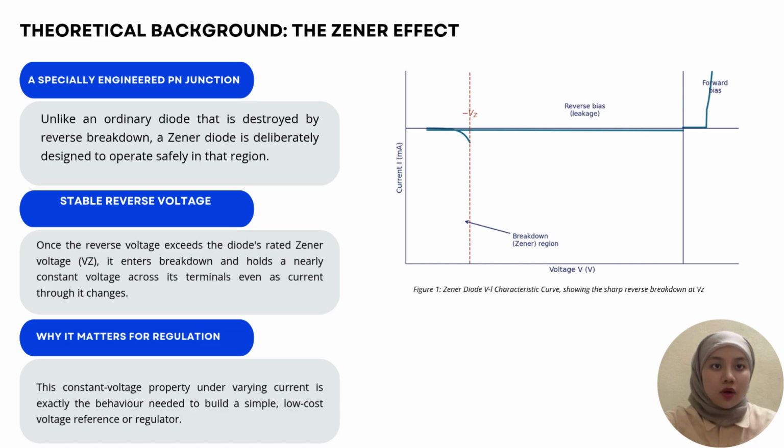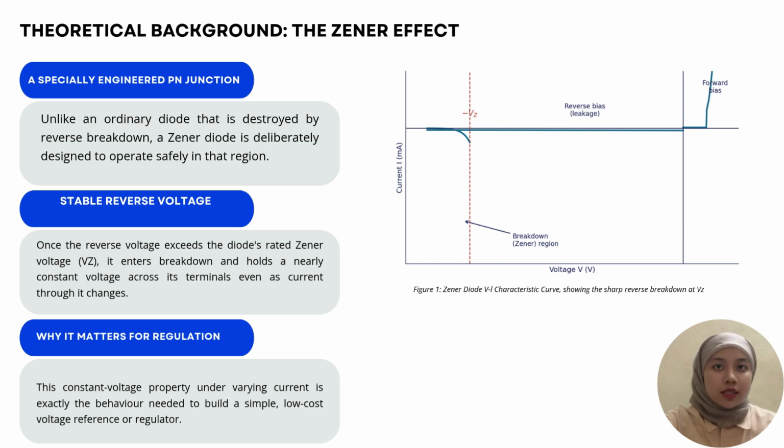At this point, although the current through the diode can continue to increase, the voltage across the diode remains almost constant. This unique characteristic makes the Zener diode an excellent voltage regulator because it can maintain a stable output voltage even when the input voltage or the load current varies.